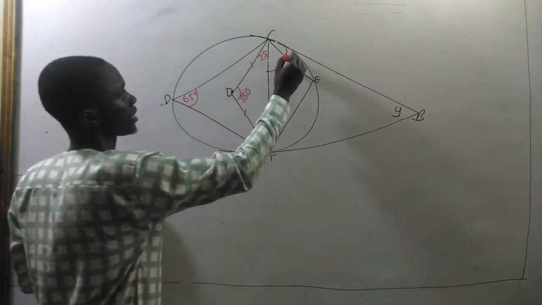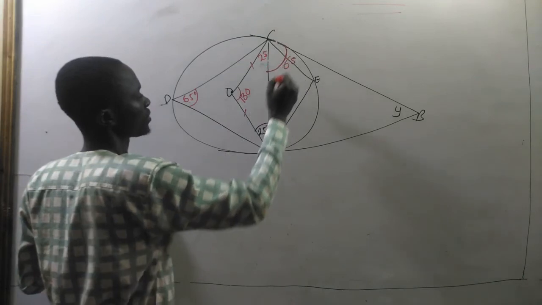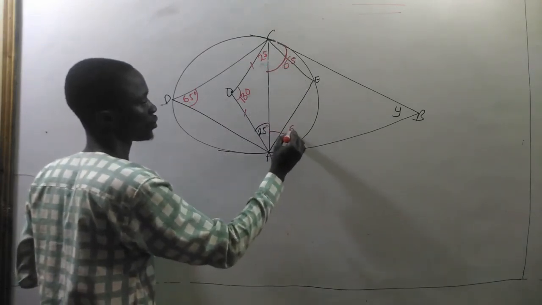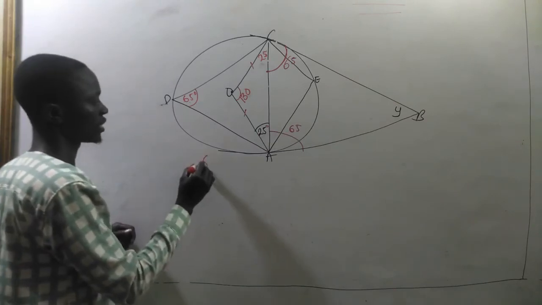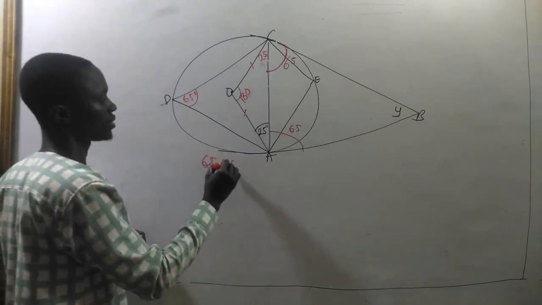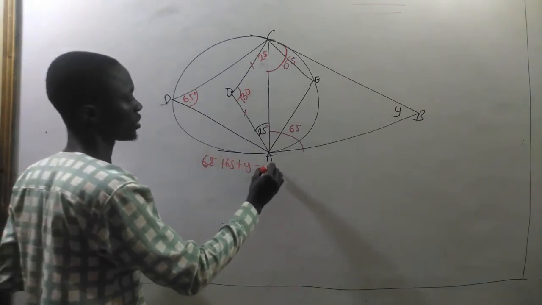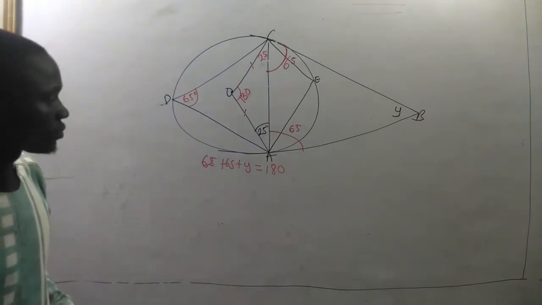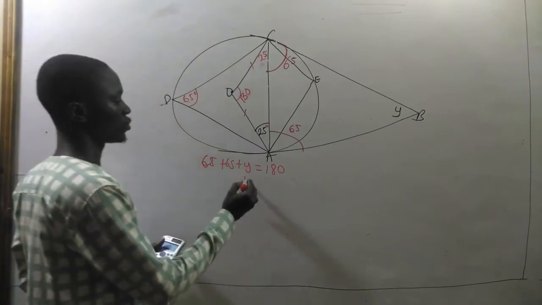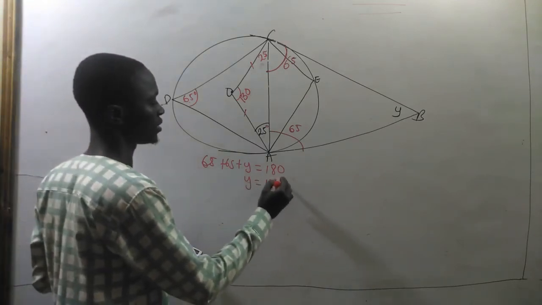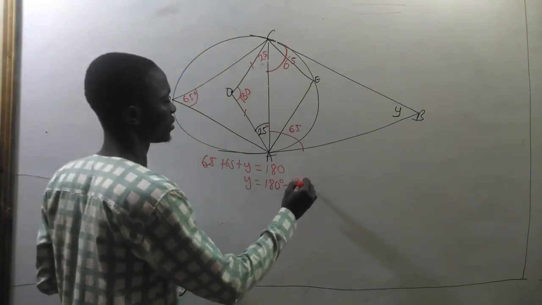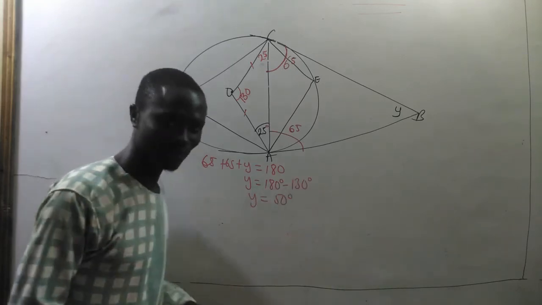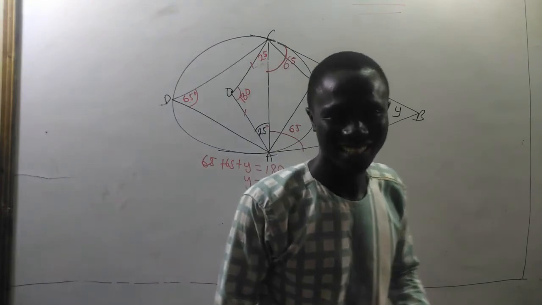So it means that this angle is 65 and we have the same thing here. That is also 65. So we take 65 plus 65 plus y equal to 180. That is 130. So y will be equal to 180 degrees minus 130 degrees, and y will be equal to 50 degrees. And that is that.